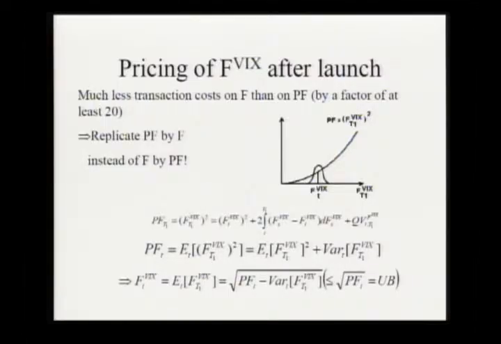You should actually use, and this works once the contract exists, which is obviously the case, the VIX futures to dynamically replicate the portfolio, which will have a value equal to the VIX squared at the end.